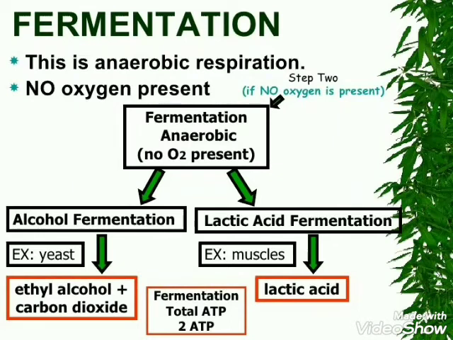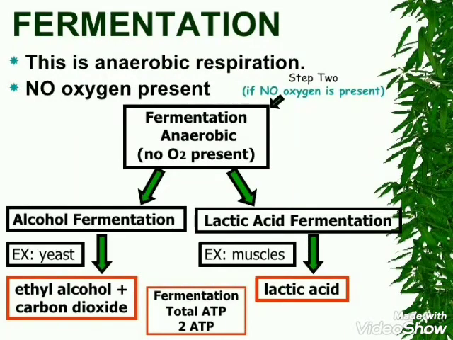In the first type of fermentation, known as alcohol fermentation, which usually occurs in yeast, the pyruvic acid gets converted into ethyl alcohol and carbon dioxide. But in the second type, lactic acid fermentation, the pyruvic acid gets converted into lactic acid, which usually occurs in the muscles of human beings.